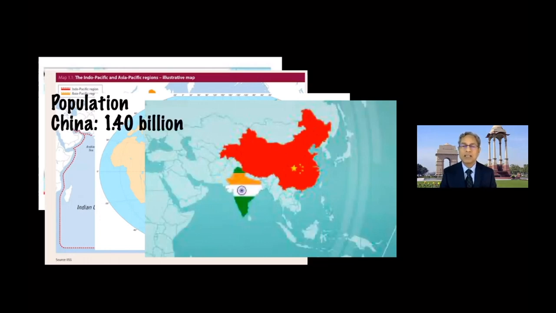Not just that, China and India are now in the center of Indo-Pacific geopolitics or Indo-Pacific region, which is the region of focus. In the 20th century, the focus was the North Atlantic. The focus was military competition between the Soviet Union and its allies with NATO and its allies.